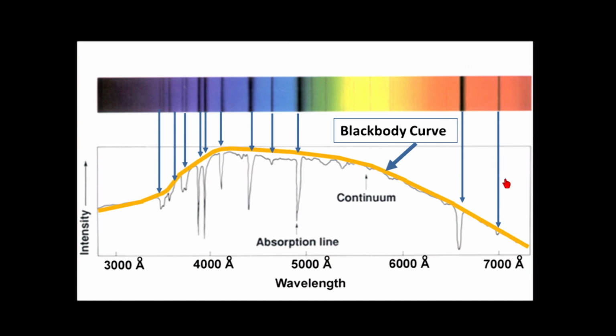And so all of these dark lines are represented by these dips that you see on the graph. You have a very colorful background, and then you have certain colors missing. And each of these colors that are missing, of course, have a certain wavelength. So what the graph tells us is the actual colors that are missing and how dark each of the lines are. And that piece of information can tell us many things about the star that is producing the pattern.